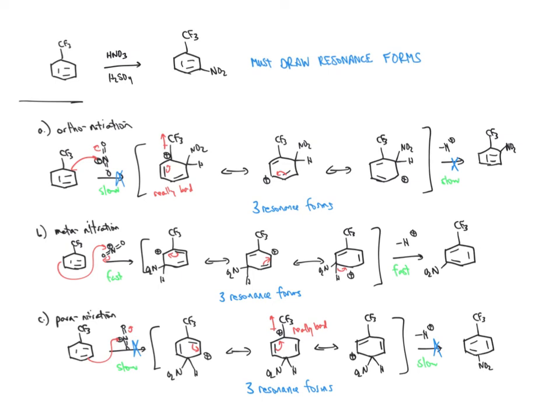Okay, what would this look like in terms of a reaction coordinate diagram? The reaction coordinate diagram would look like this. So we've got trifluorotoluene here, and we've got formation of, let's say, the meta-nitro arenium ion, maybe like that.